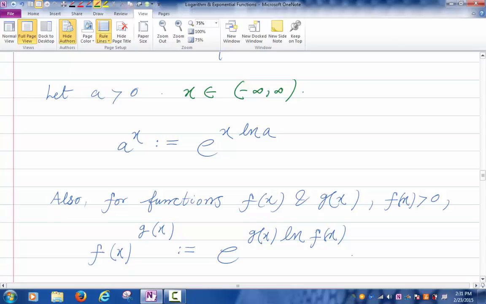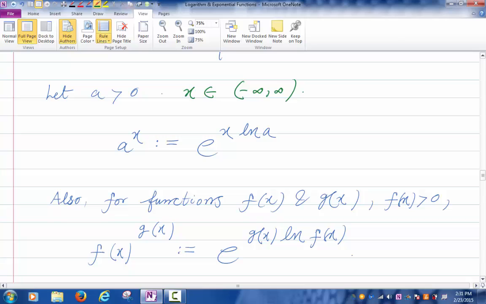But now I want to say, what's the meaning of a to the x when a is any positive number and x is any real number? The meaning of that is e to the x ln of a. I am giving a meaning of that in terms of e.